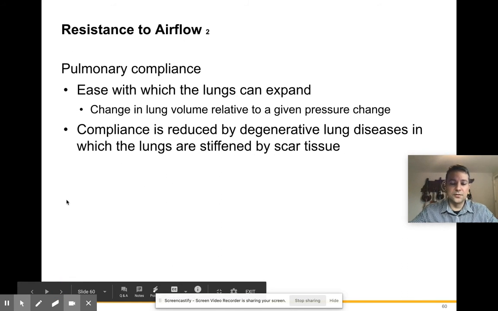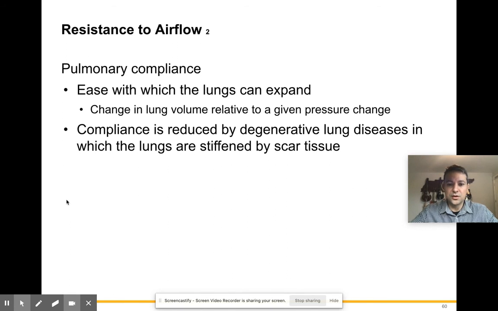Pulmonary compliance, which is the ease with which lungs can expand, can change due to pressure, like we talked about before, but compliance can also be reduced by lung diseases. If the lungs are stiffened due to scar tissue, during something like emphysema or lung cancer, the compliance, or the ease at which the lungs can expand, gets reduced.